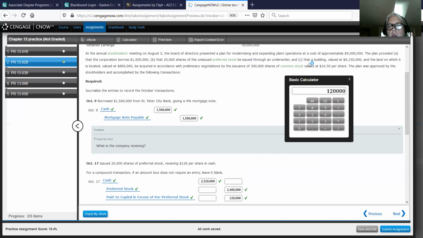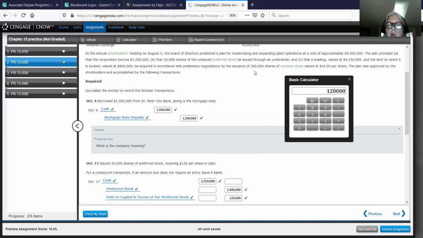Also, what we wanted to do is record on our books that we have a building that was valued at $4,150,000, and the land on which it was located, which was valued at $800,000, was going to be acquired in accordance with negotiations by the issuance of stock.